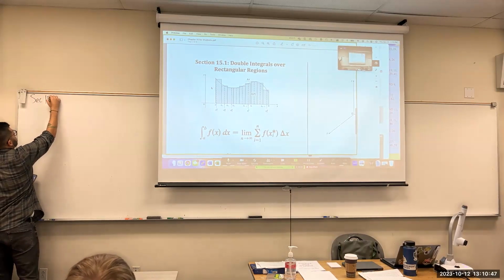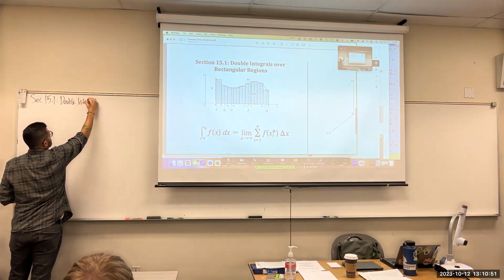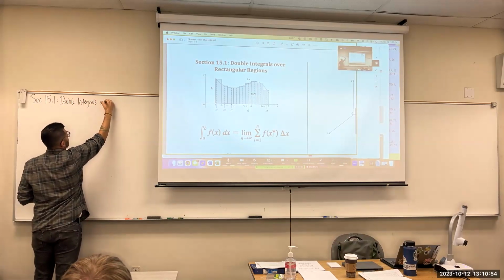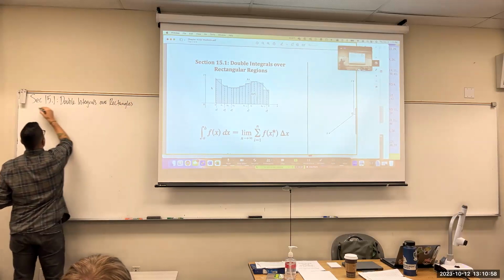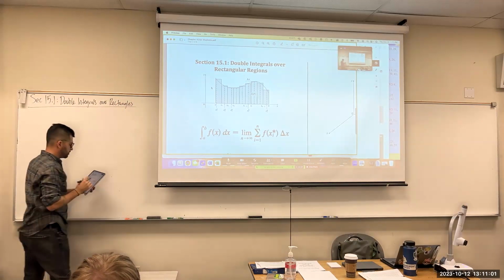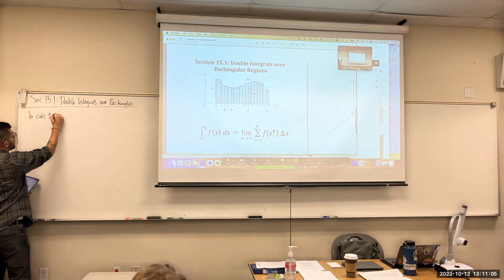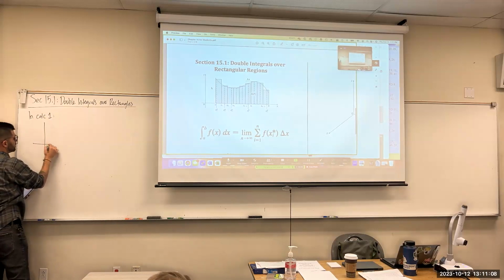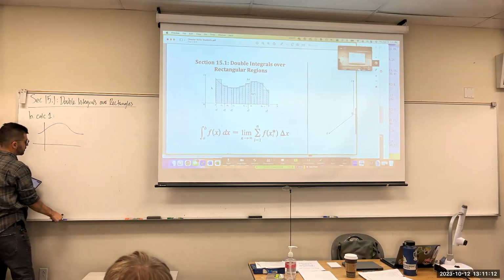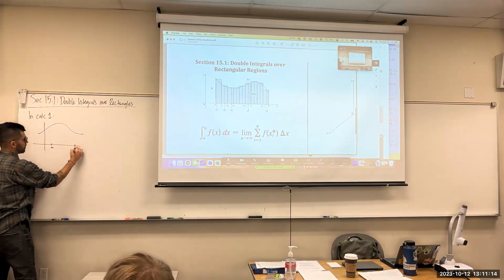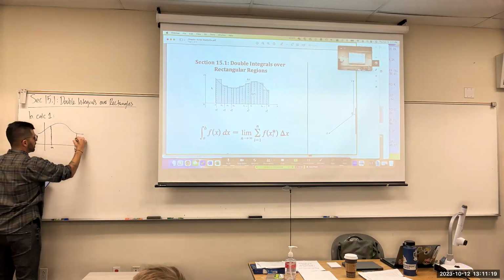So we got section 15.1, double integrals over rectangles. Keep it short. Rectangles. And so, just so you have it in your notes here, in Calc 1, you have the graph of some function from A to B. And then you had all these little rectangles.